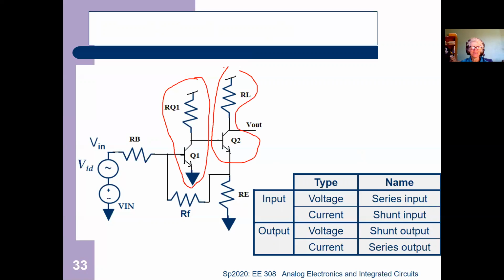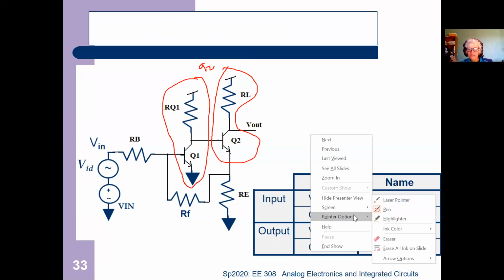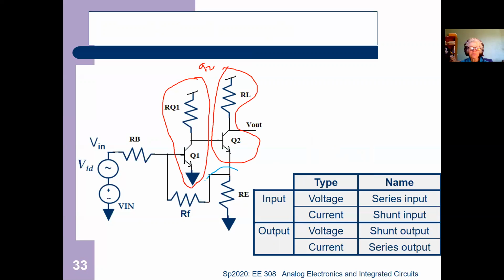Yes, let's see. So I just circled, this is your AV. Everything else is feedback. So is V out on the same node as... can I change colors here? Colors, arrow option, ink color. Okay, so this all is going to be your feedback block.